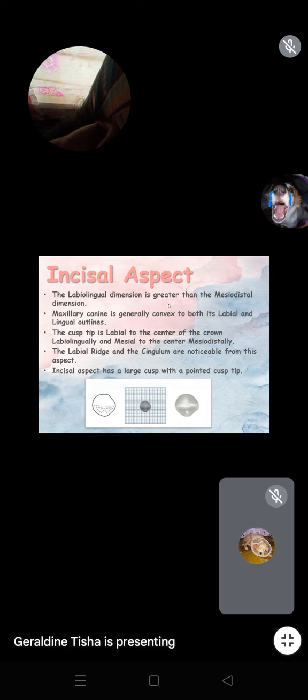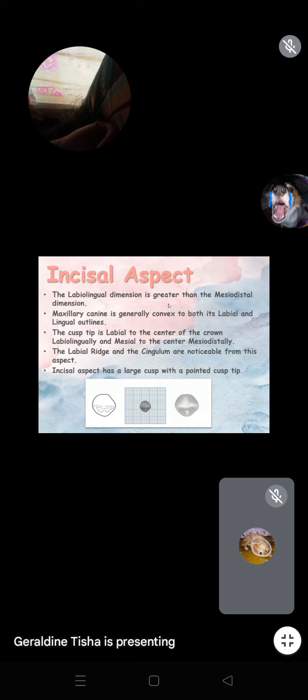It's wider mesiodistally. Even when you smile, try to smile and feel it with your tongue, or look at us on the camera. It's thicker, wider mesiodistally. Now compare that to the canine. When you reach the canine, it's different.